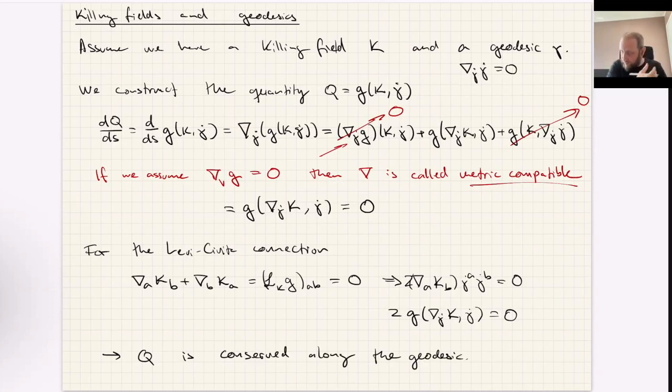And this is something that you can use. Next time I'm going to look a little bit at how to use this math in Lagrangian mechanics, and we'll see that this exactly corresponds to Noether's theorem. This conserved Q is going to be exactly the conserved quantity that we have in Noether's theorem.